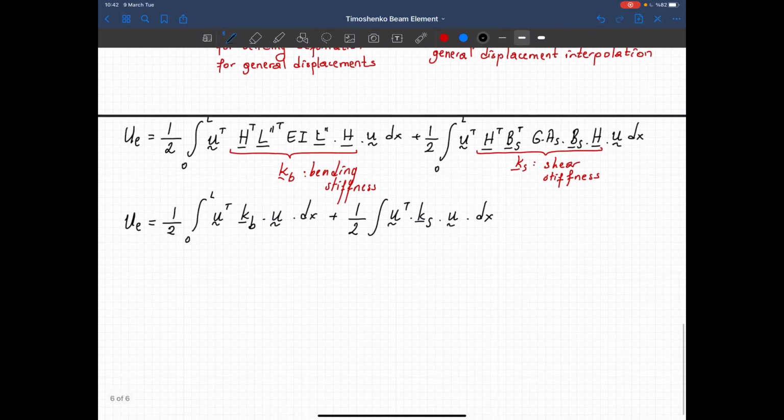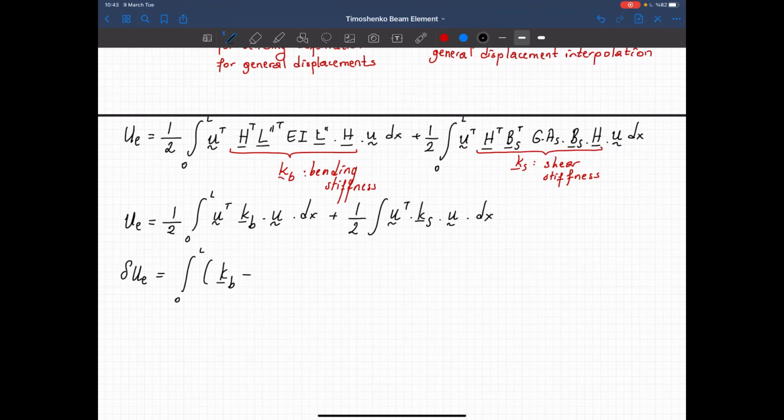And if we take the first variation, we end up with the following equation from 0 to L KB plus Ks multiplied with U times the variation in U dx.